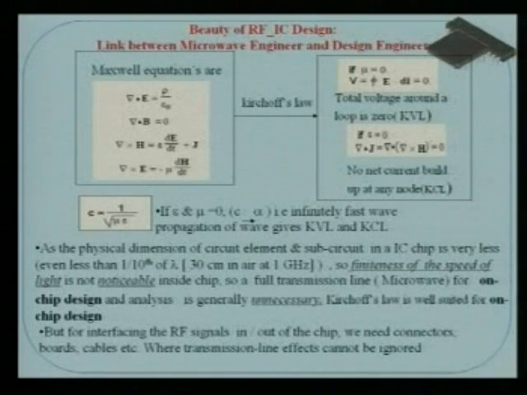Now, suppose that the velocity of the electromagnetic wave in a media is 1 by root over of epsilon into mu, where epsilon is the dielectric constant and mu is the permeability. Now think of a situation that C is infinite, very, very large. Under what circumstances would it be very high?